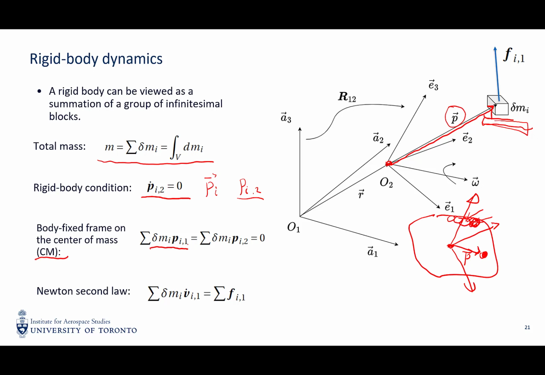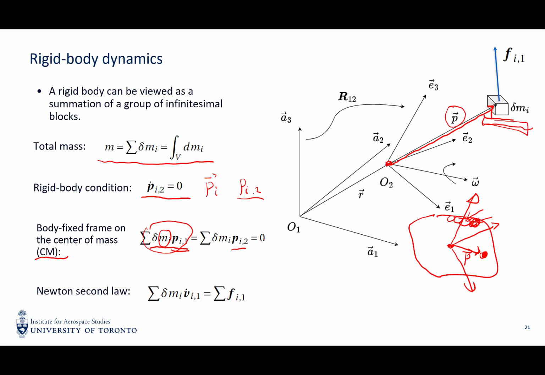The definition of center of mass is that the weighted sum, according to the single point mass, should equal 0. And no matter where you express this summation, it should always be 0, because the center of mass does not change, right? We express it in several different reference frames.